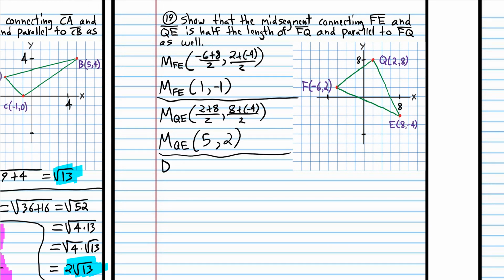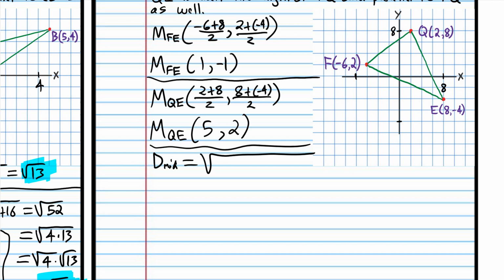So the distance, or length of the midsegment, is equal to, and we're using these 2 points, I'm going to use QE as point 2. So we have 5 minus 1 squared plus 2 minus -1 squared.